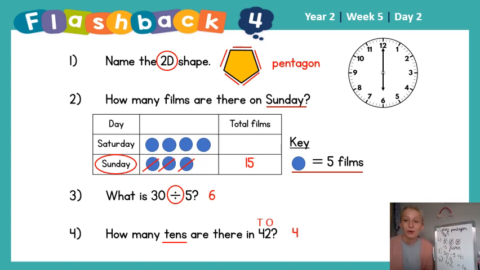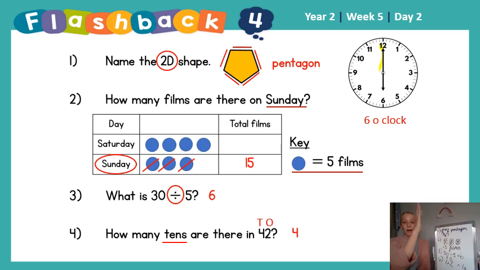Okay, the last one, we're going to look at our clock again and have a look at what time it is. Pause the video and see if you can figure out where the long hand is and where the hour hand is pointing. Super, so our long hand, our minute hand here is pointing at 12.